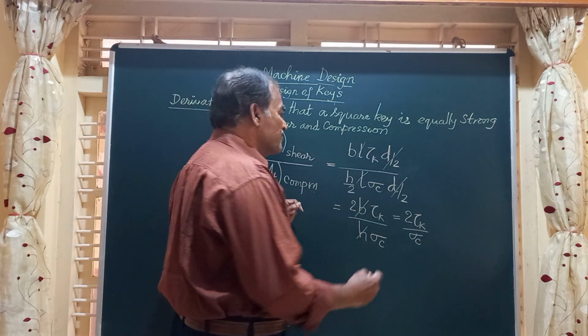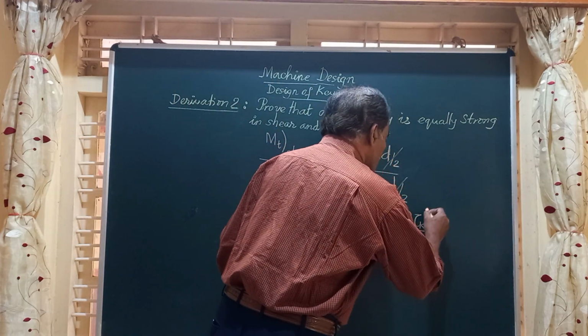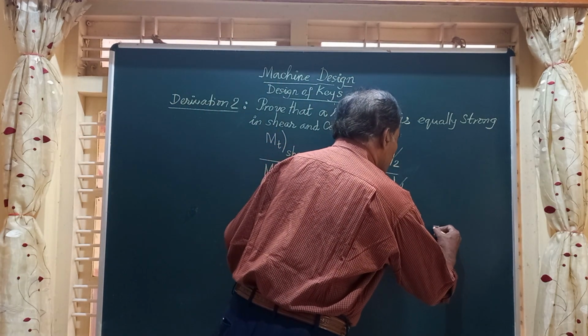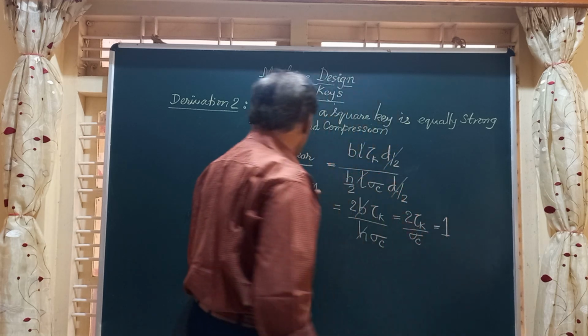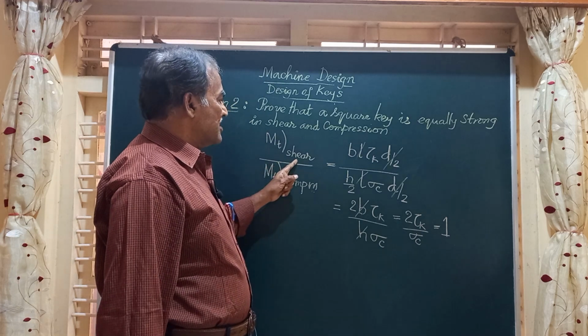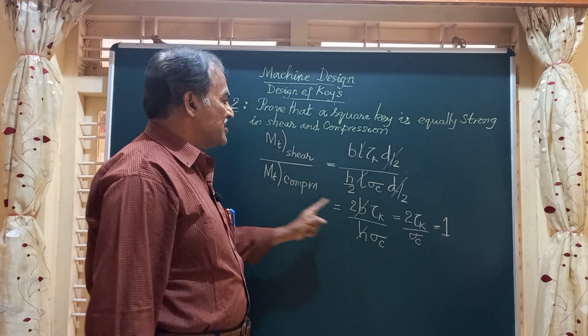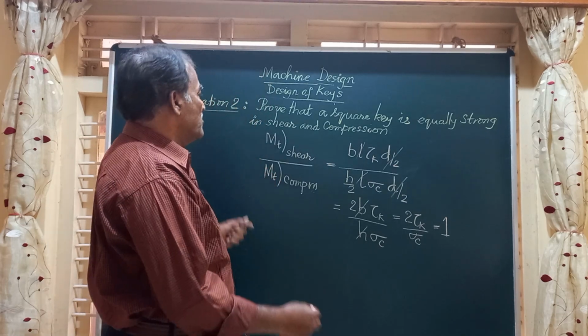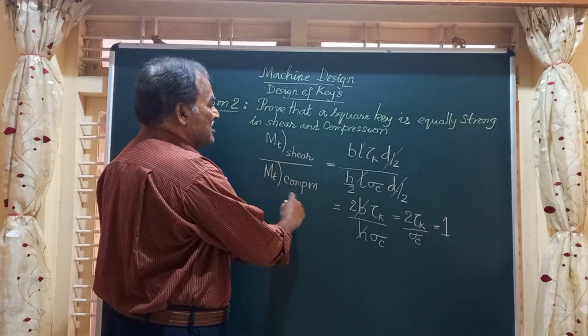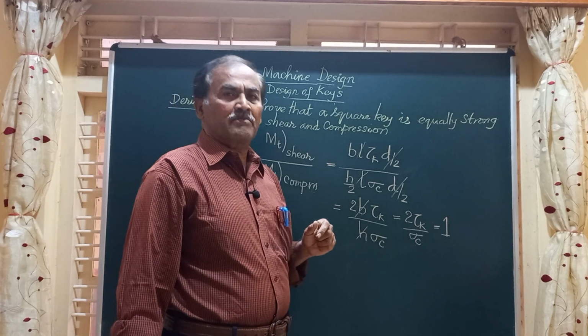So using that information, we can cancel, 2 tau_k equals sigma_c, and this becomes equal to 1. That is to say, friends, the T_key in shear to T_key in compression is equal to 1. And if you cross multiply, you will have T_key in shear is equal to T_key in compression.